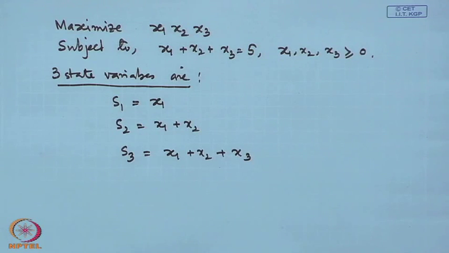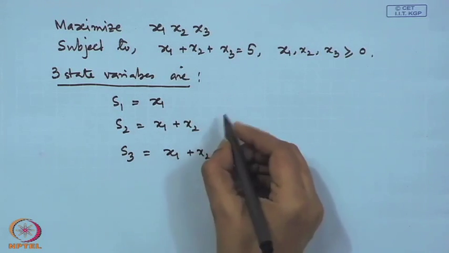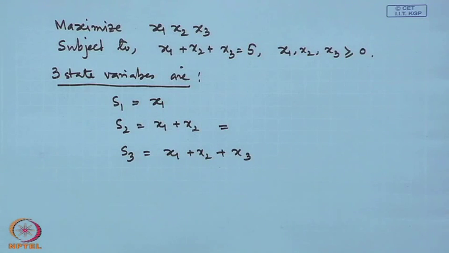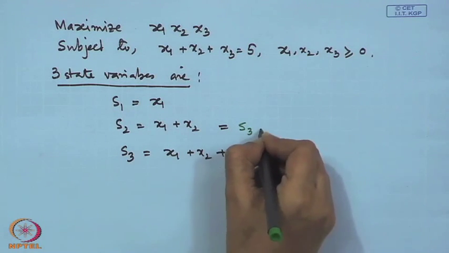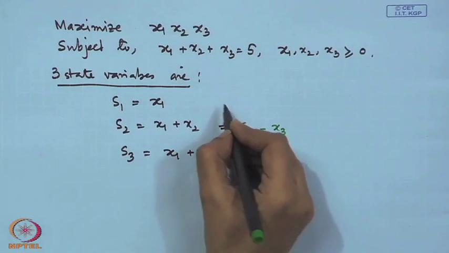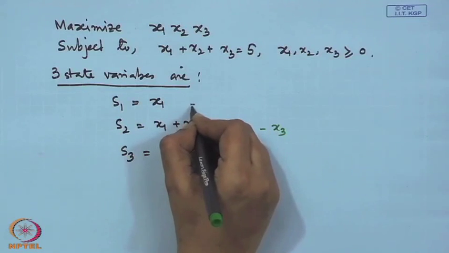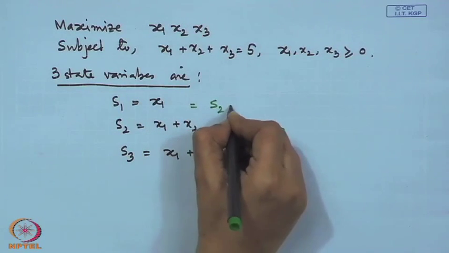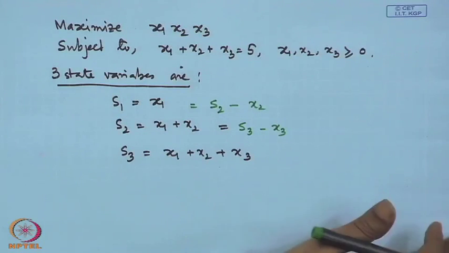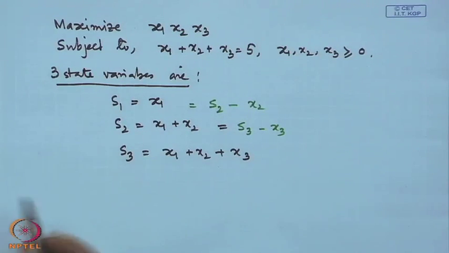These are the variables we are considering as we did for the previous general model, the same model it is. If this is so, we can write, just see, these are the state transformation equations: S3 minus x3, because x1 plus x2 comes from here, and if I move to the next, this is equal to S2 minus x2. These state transformation equations are very important for finding the optimal solution.